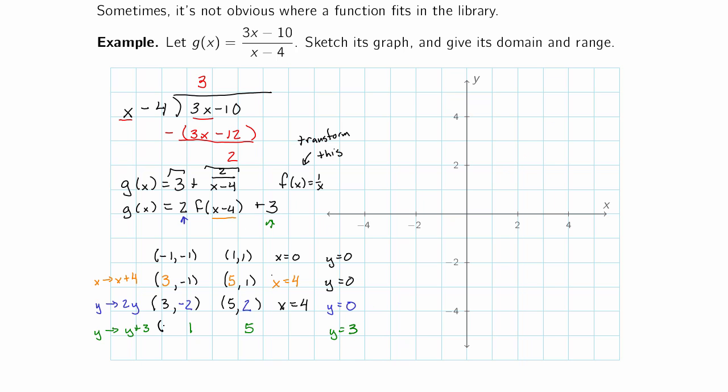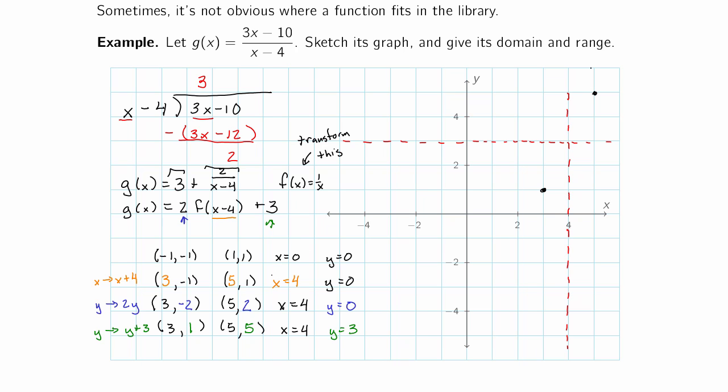Leave our x's alone. So we'll have our vertical asymptote at x equals 4. We'll have our horizontal asymptote at y equals 3. We'll have one point at (3, 1), and another point up here at (5, 5), right at the edge of our graph.